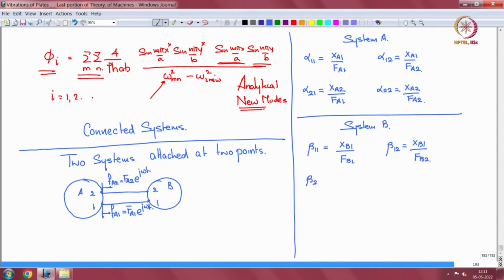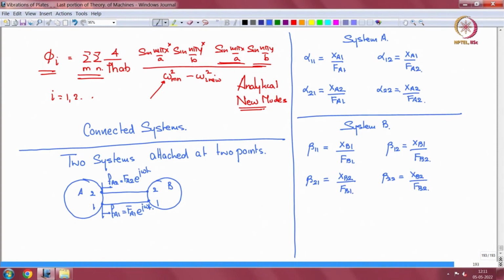Then beta 21 is equal to XB2 by FB1, and beta 22 is XB2 by FB2. Okay, these are the individual system receptances.